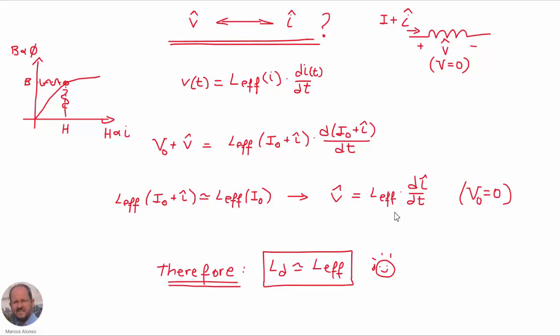Here, instead of effective inductance, because we are working with perturbations, this could be called the differential inductance. So what we are getting here is that the differential inductance is approximately equal to the effective inductance. And this is going to be true as long as the perturbation of the current that we are injecting into the DC inductor is small enough compared with the DC level of the current.